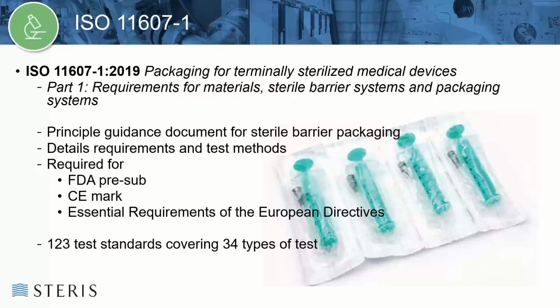So I highly recommend when you're designing devices that packaging comes up early in the process and it's not an afterthought, that the packaging design is thought of early, tested along the way, before you get to the point where you're doing your distribution study and your shelf life studies. So you should have some of that characterization already done by the time you get to that point. So 11607 really highlights the importance of that sterile barrier and that packaging in the design of the device itself.